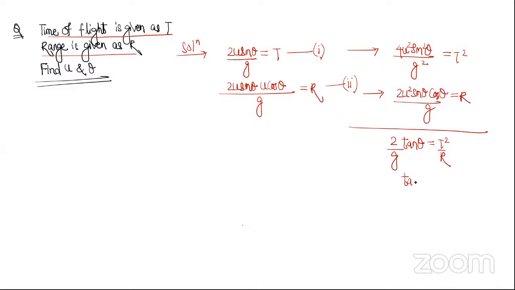So I have tan theta equal to g by 2 into t square by r.